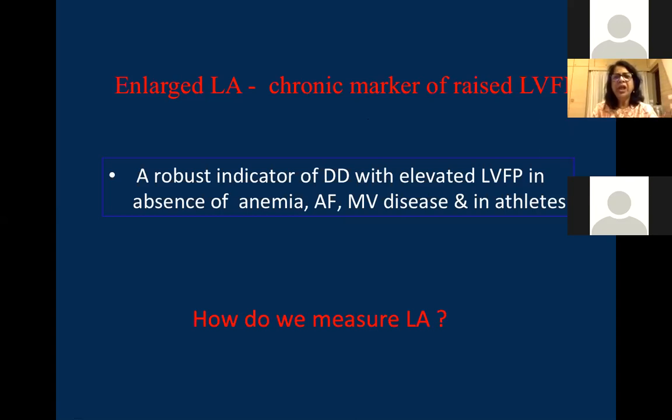Chronically raised LV filling pressure is reflected as enlarged atrium. Just like glycosylated hemoglobin in diabetes, enlarged LA is equivalent to long-standing diastolic dysfunction. And of course, in absence of anemia, atrial fibrillation, mitral valve disease, and also in athletes where we get enlarged LA.